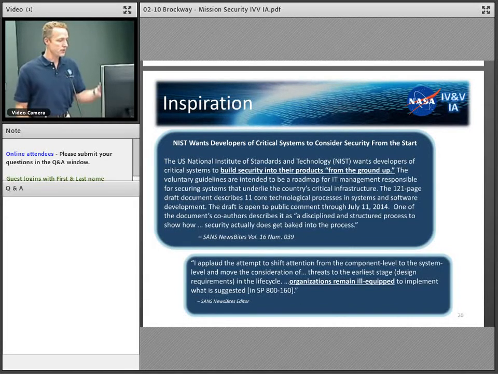And one of the observations from one of the editors was that organizations continue to remain ill-equipped to implement what's suggested there, despite identifying the threats and designing the requirements into the earliest stages of the life cycle. And thus, back to the point that Congress was reminding NASA of, IV&V is adapting and innovating here at NASA in order to help organizations and missions succeed and work together to accomplish their mission securely.